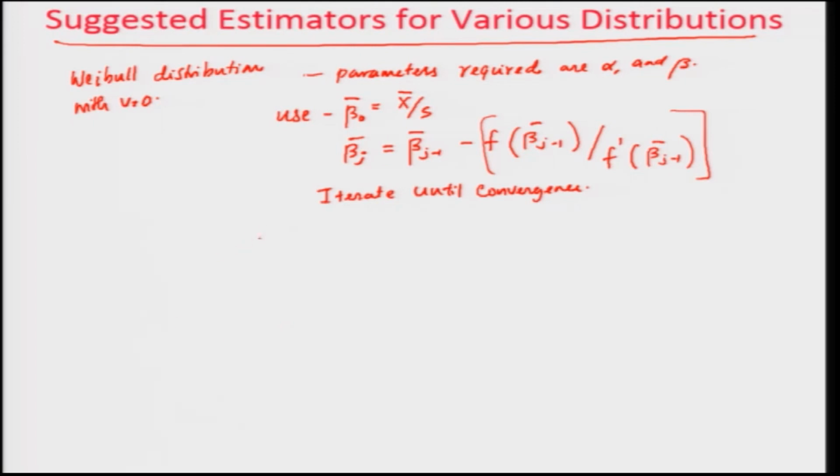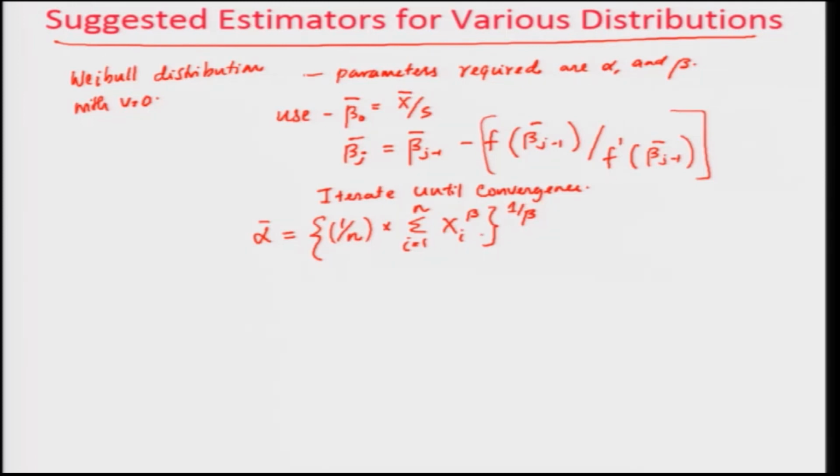Then your alpha bar is calculated as 1 over n multiplied by the sum from i equal to 1 to n of x i to the power of beta, all to the power of 1 over beta. Okay. So, from beta 0 you calculate that, then from there you calculate beta j and you keep on iterating until you get the convergence of the value of beta.